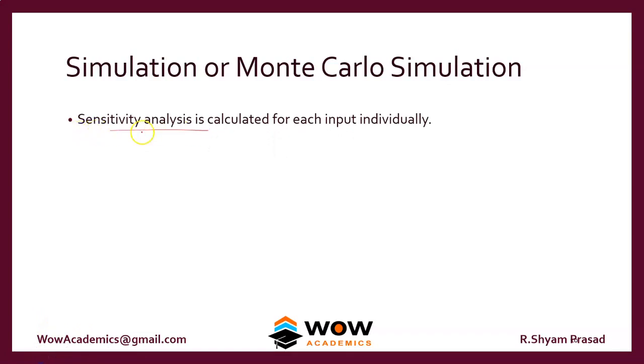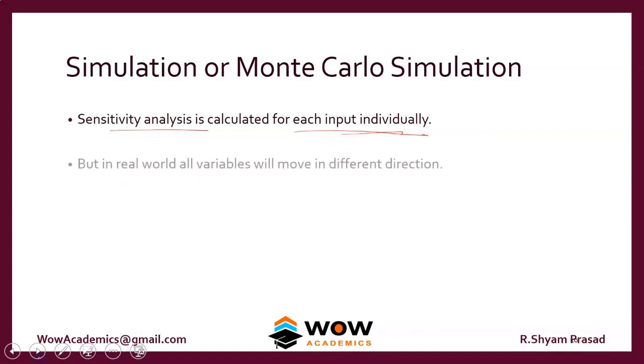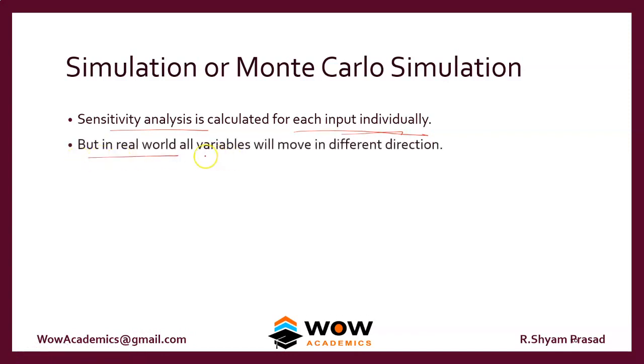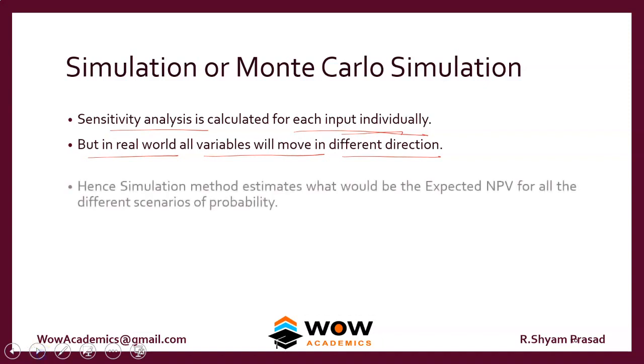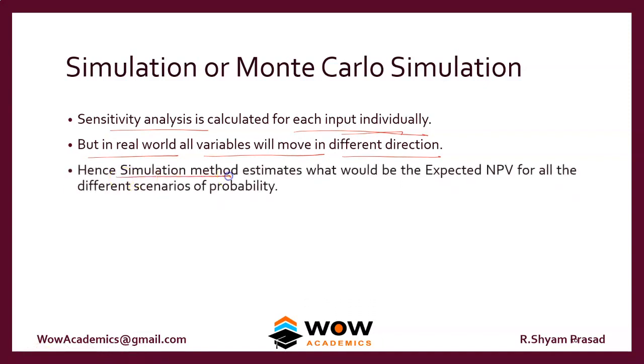Sensitivity analysis is calculated for each input individually. So that is the drawback of sensitivity analysis. But in real world, all variables will move in different direction. So it is not that variable cost alone will move by 10%. It's like all the numbers, all the variables will move in different directions. Hence, simulation method estimates what would be the expected NPV for all the different scenarios of probability.